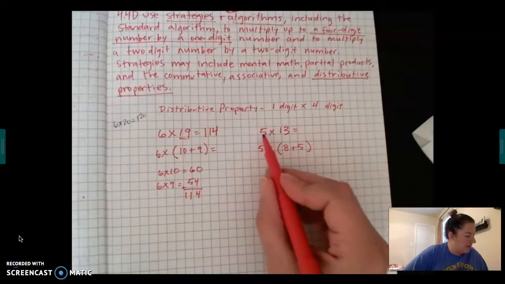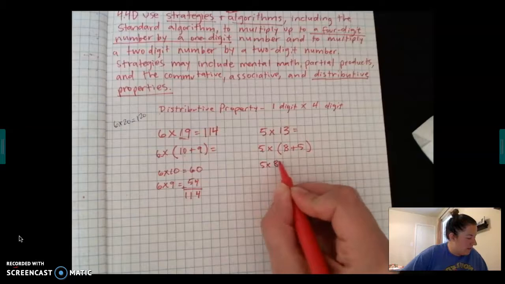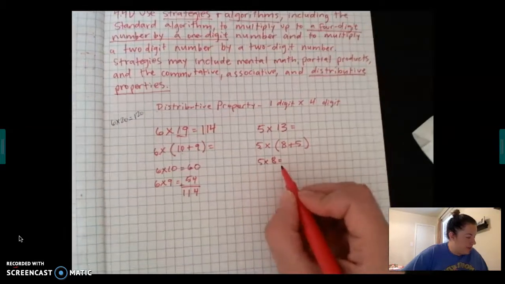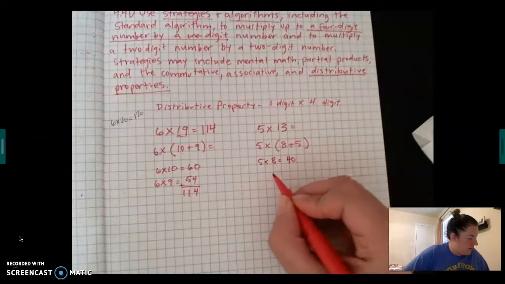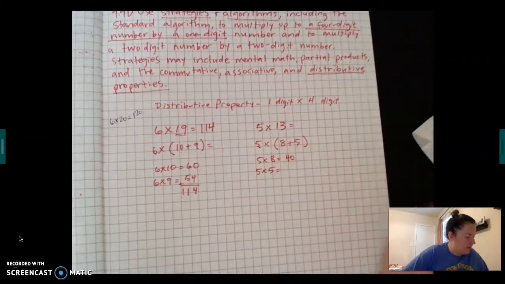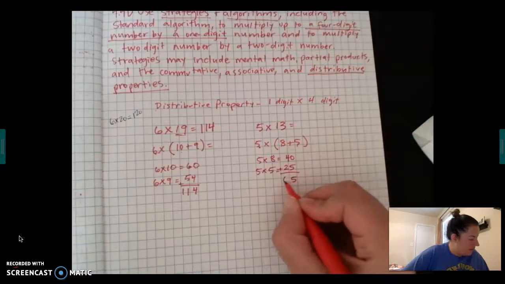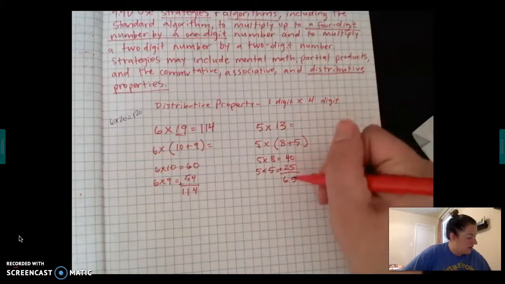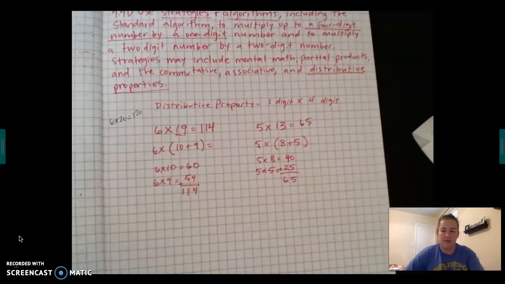So now instead of 5 times 13, I can do 5 times 8 as one problem, which I know is 40. And then I can do 5 times 5 for the second problem, which I know is 25. Then I add those two up, and I get 65 as my answer. So I know 5 times 13 is 65.